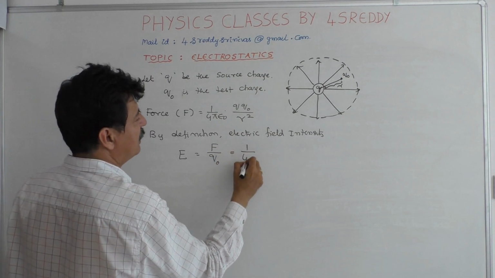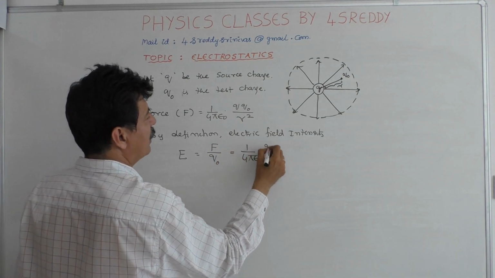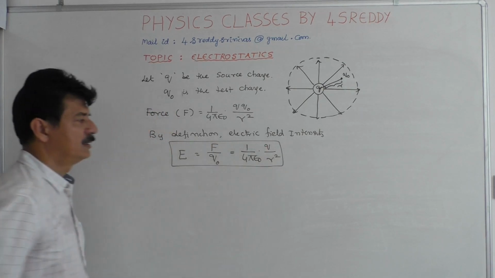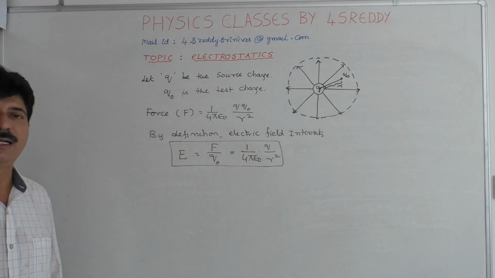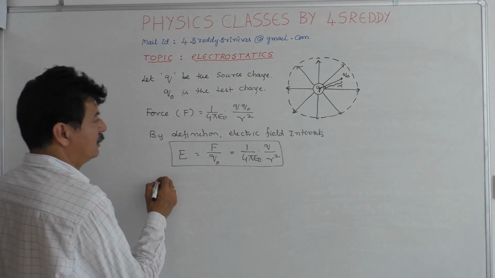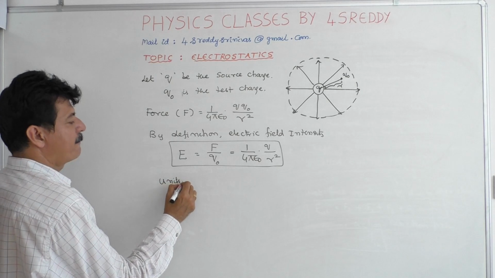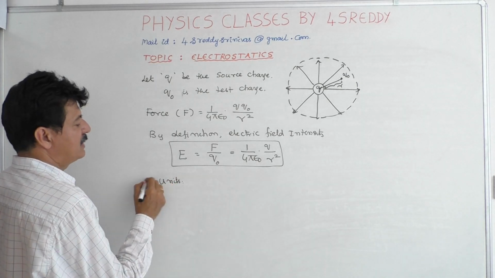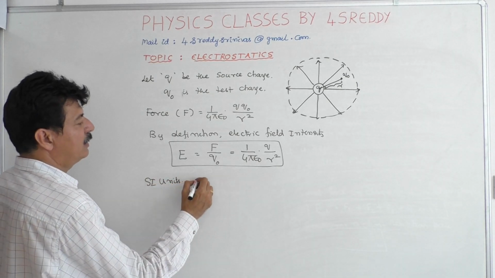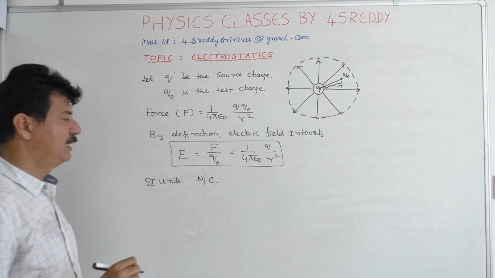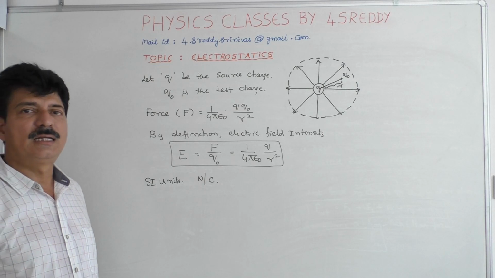That is nothing but 1 by 4 pi epsilon naught Q by R square. This is the electric field intensity. The SI unit for this is Newton per Coulomb.